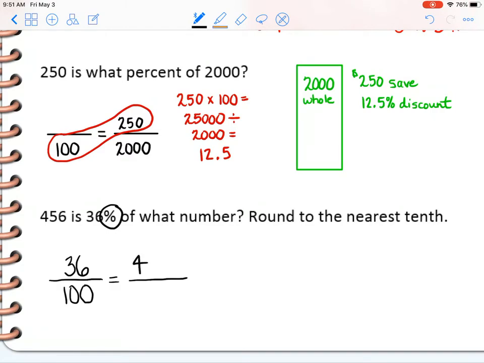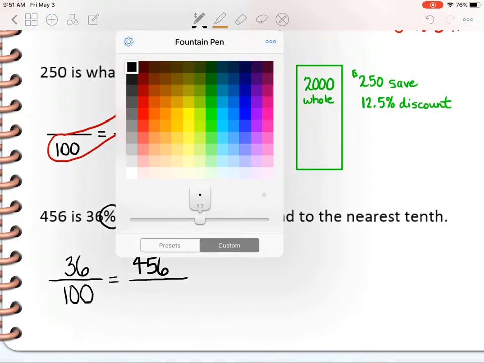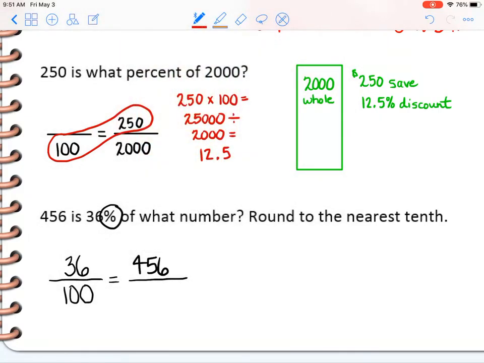456 is, so that's a part. Is goes on top. And think carefully about where to draw the peanut. It must have two numbers. So it's going to go this direction. And you're going to say 456 times 100 equals 45,600.